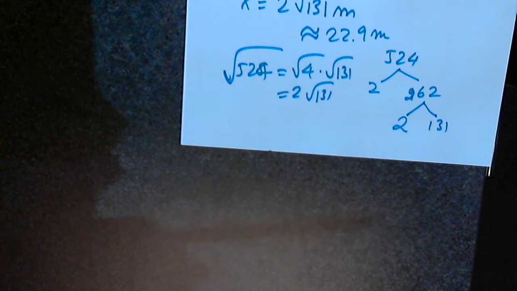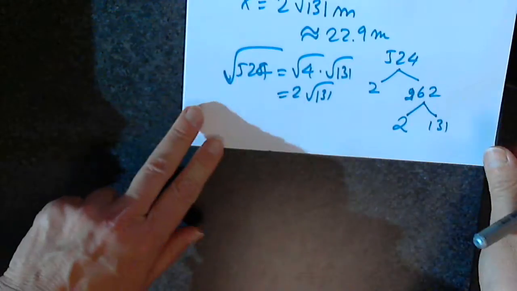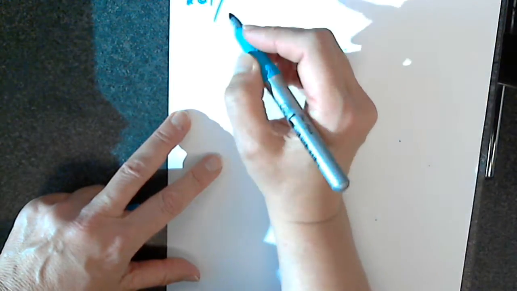Okay, so let's look at a word problem like 61, on page 631. A spotlight is mounted on the eaves of a house, 12 feet above the ground.